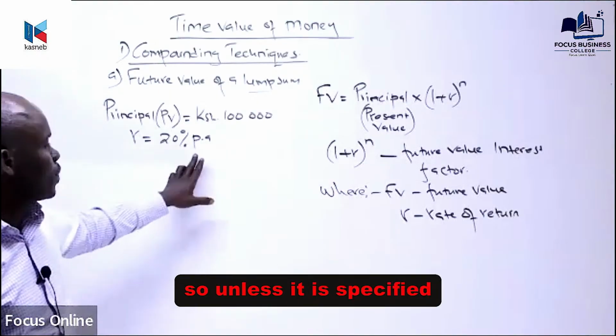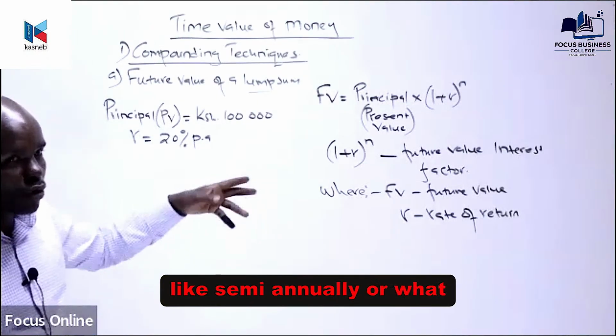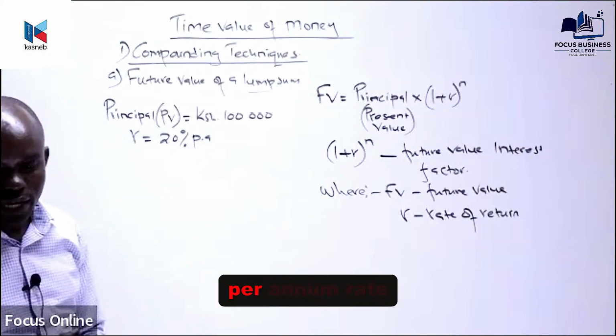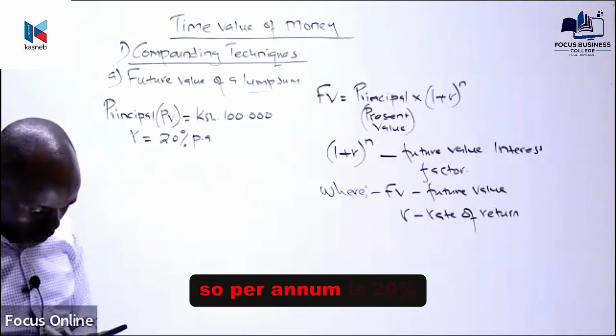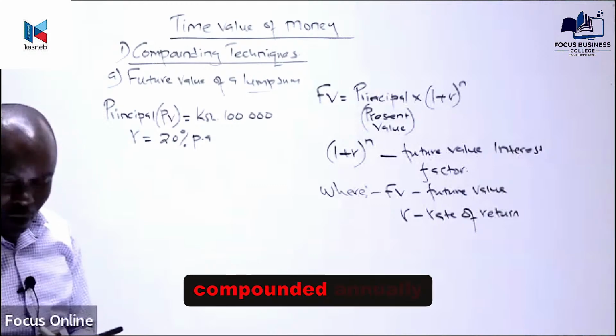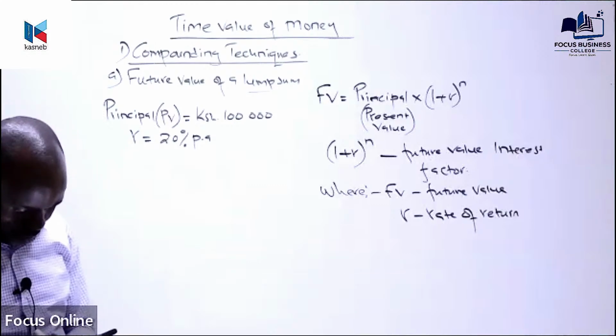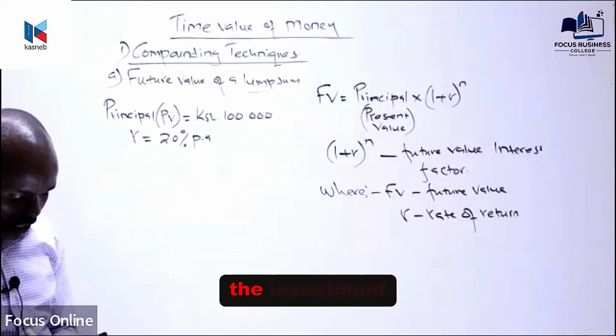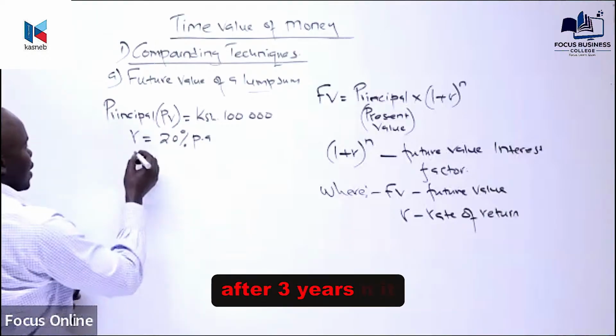Unless it is specified, you should take it as a per annum rate. So it is 20%, compounded annually.